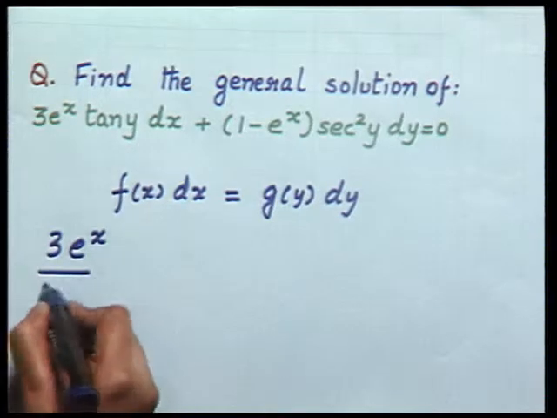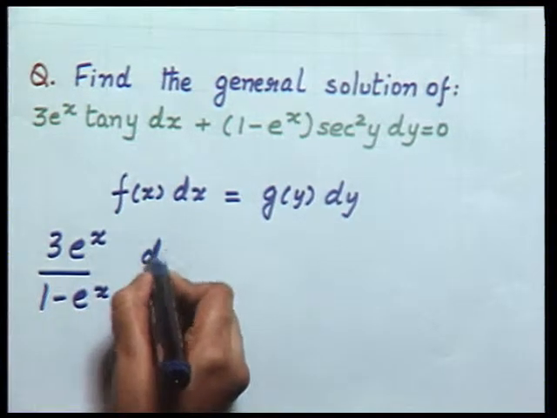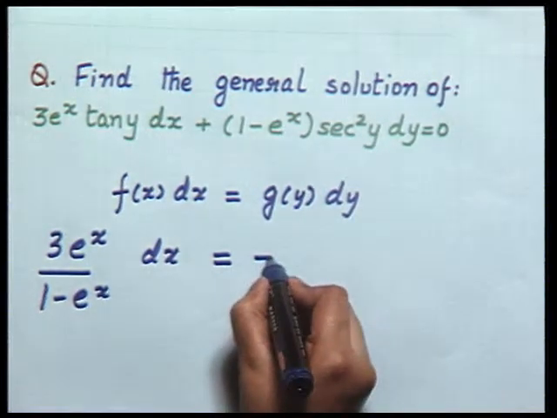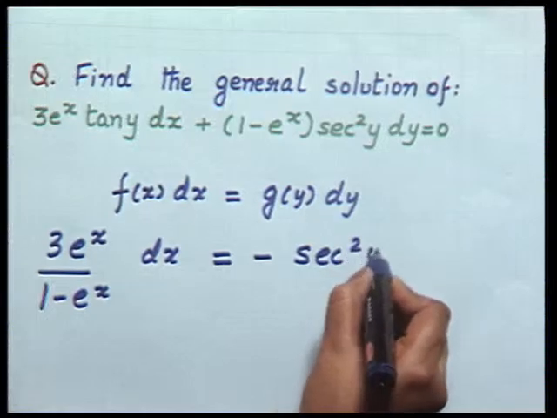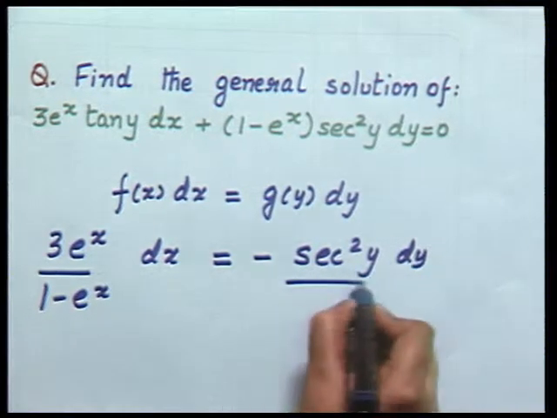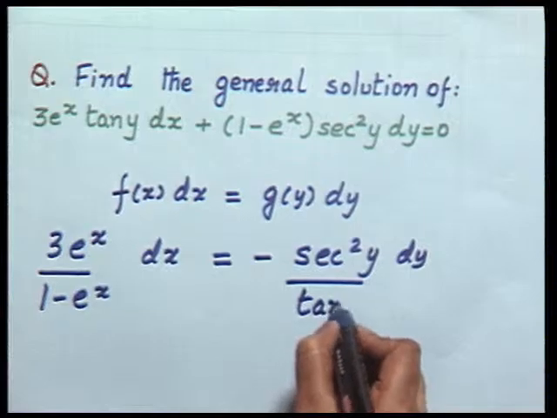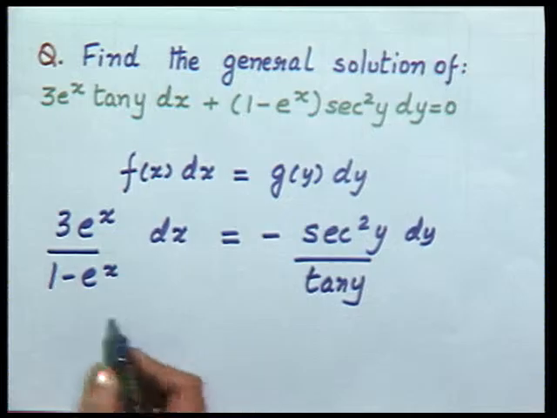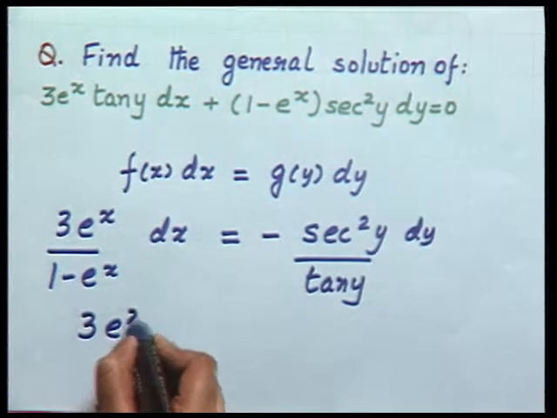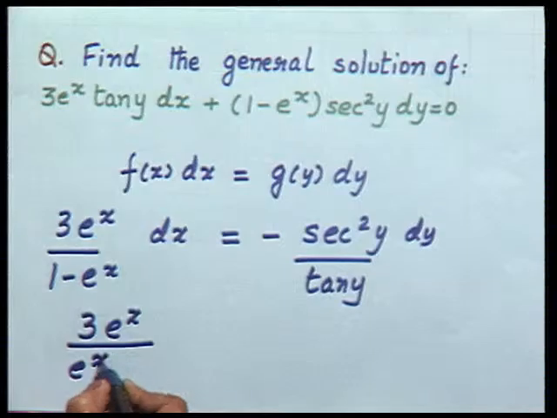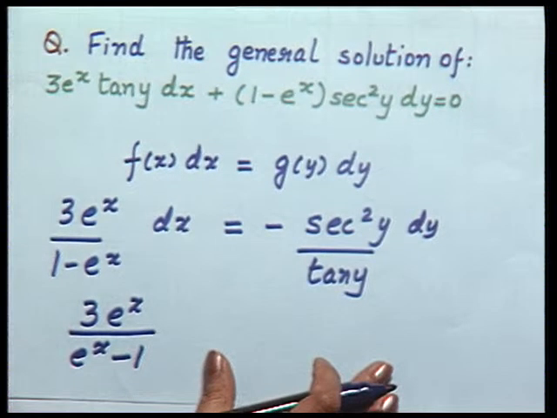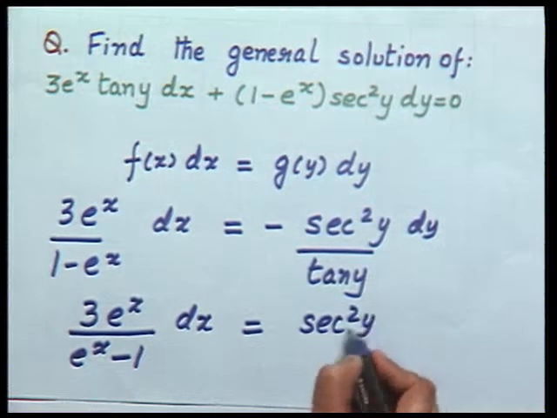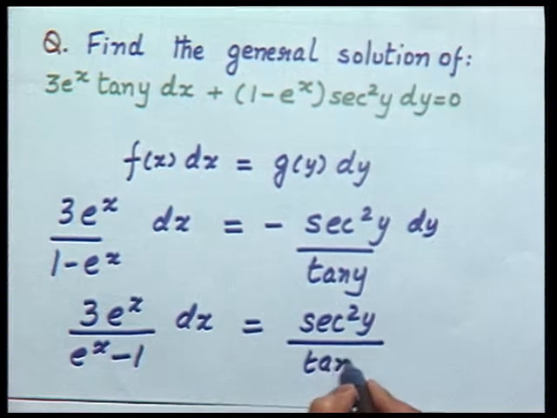Dividing by (1 minus e to the power x) dx, and on the other side if I take sec square y dy, it will be negative sec square y dy divided by tan y, bringing the tan y to the other side. This negative can be easily absorbed on the left hand side, and that's exactly what I am going to do. So it can be written as 3e to the power x over (e to the power x minus 1) dx equal to sec square y by tan y dy.